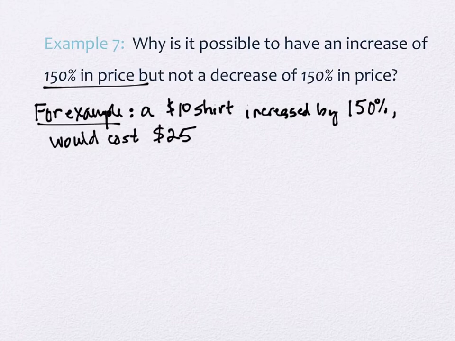Okay, so why is it 25? Well, an increase of 100% would simply mean doubling the price. We go from 10 to 20. And I have to do that again half as much because 50% is half of 100, so that's $5 more. So this would cost $25. Nothing wrong with that, right? Totally possible, in fact, quite likely.